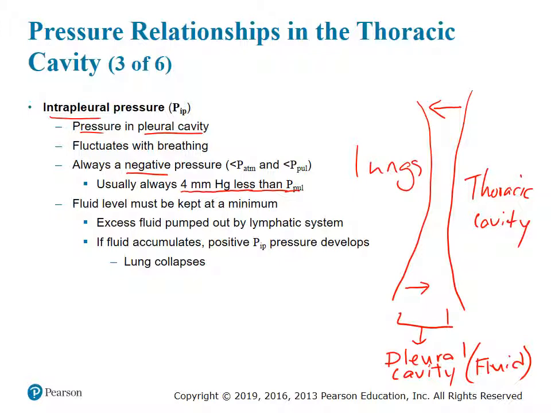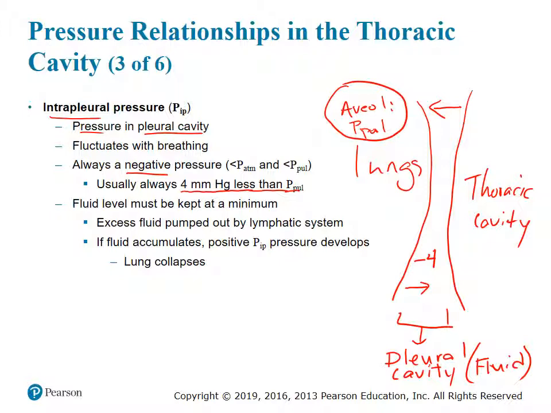And pulmonary pressure, or the pressure in the alveoli, is always 4 more than the intrapleural pressure, or the pressure in the pleural cavity.